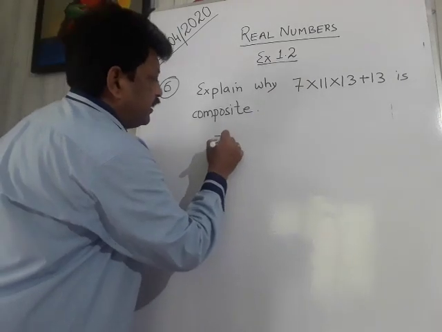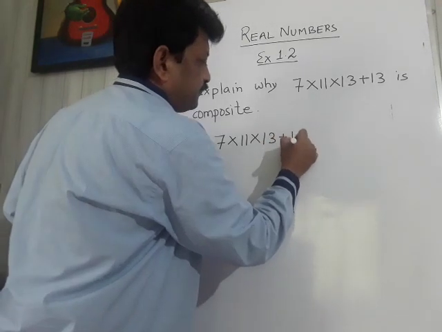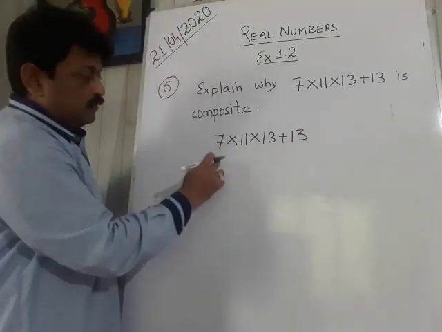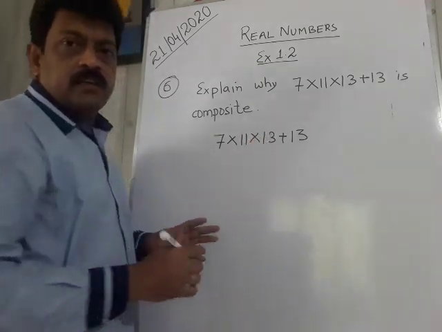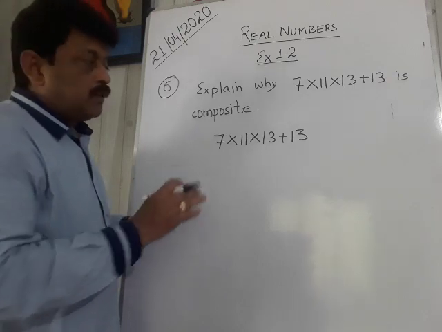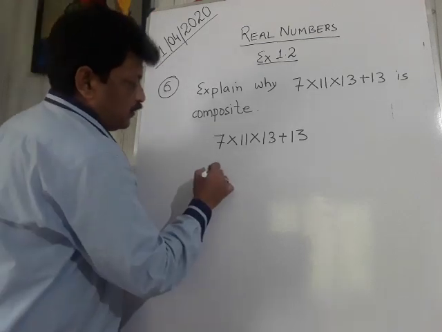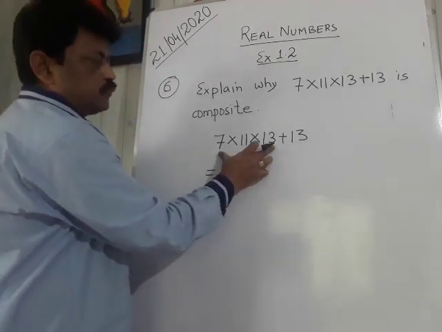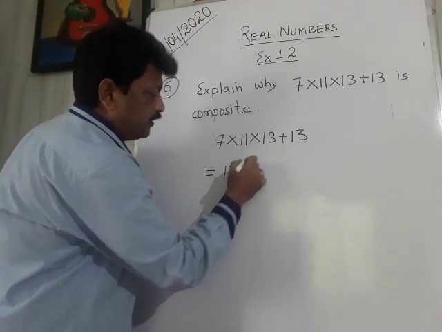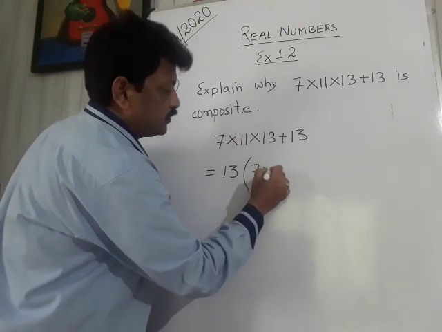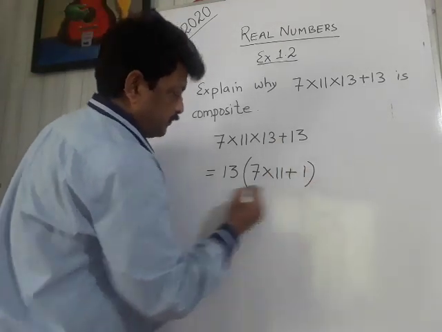Now you can see these are all prime numbers, but since they are multiplied and something is added, let us show whether it remains prime or composite. In these two terms, 13 is a common factor, so I can write 13 and inside the bracket 7 into 11 plus 1. I have taken 13 common, so 1 will remain there.